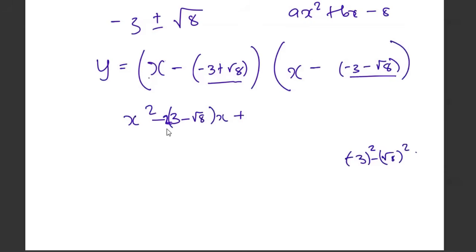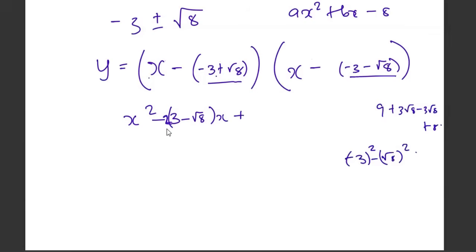Okay, let's open up bit by bit. Negative 3 and negative 3 gives us a 9. This and that's going to be a plus 3 root 8. This and this is a minus 3 root 8. Root 8 and root 8 gives us just 8.